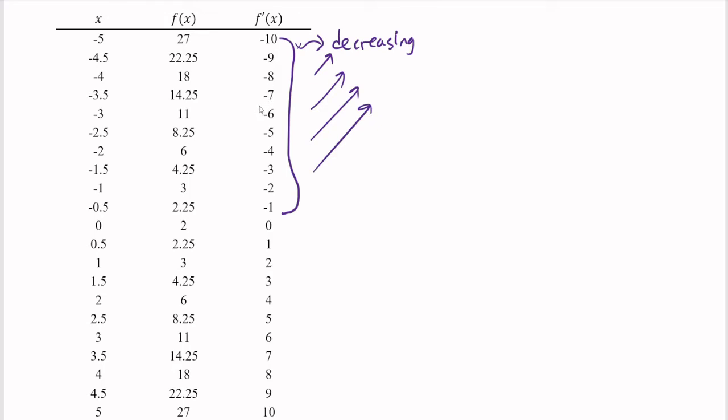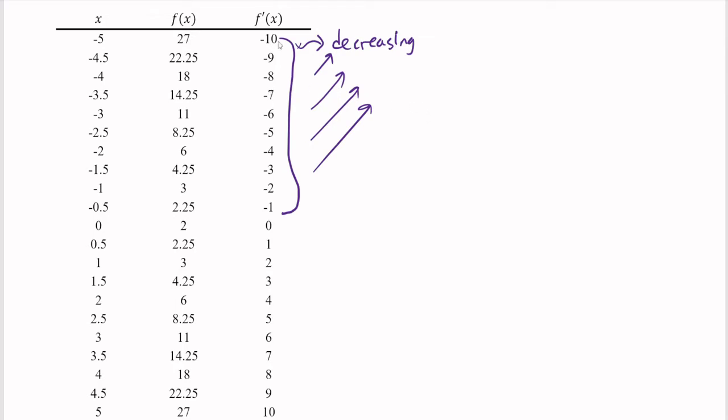So what else can we get from this? Well, I'm decreasing for sure. At each of these x values, my function is going to be going down. But the rate of decrease, negative 10, is pretty fast. And then negative 9 is not quite as fast, and then 8, 7, 6, 5, 4. So not only can you get from the derivative's value that it's decreasing, but you can also get the idea of concavity from this.